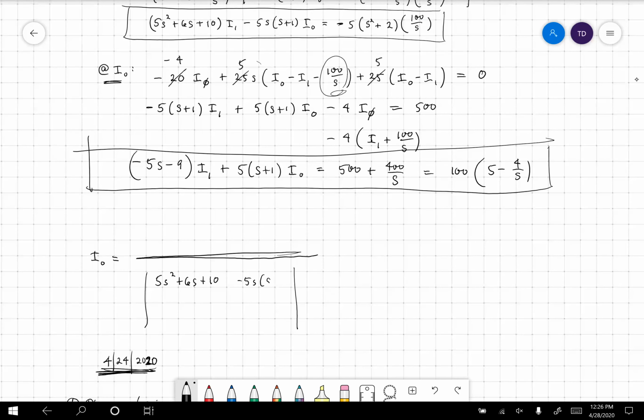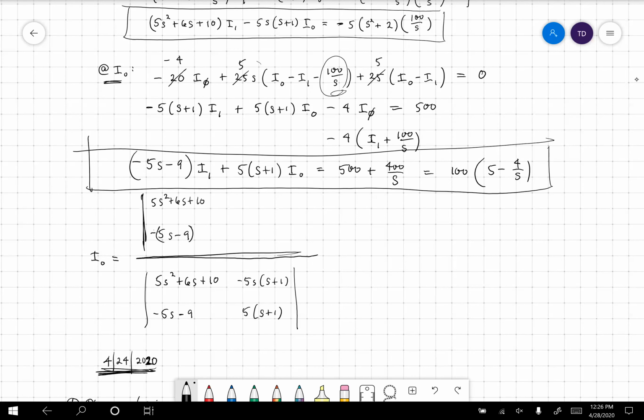Minus 5s, s plus 1. Minus 5s minus 9. And then 5 times s plus 1. So that's the denominator. In the numerator, we're going to make the appropriate substitution in the second column. 5s squared plus 6s plus 10 here. Minus 5s minus 9 here.